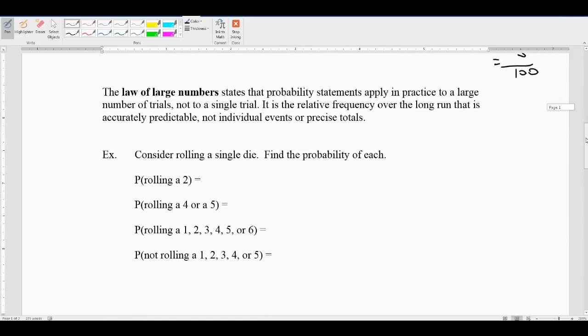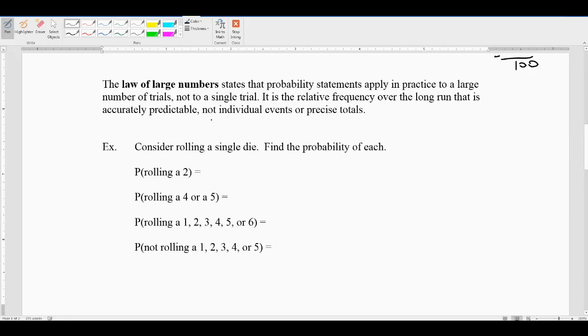Now the law of large numbers states that if you keep doing a series of trials over and over again, eventually you're going to get to what you expect to get. In other words, over the long run, the answer is going to be predictable. Like flipping a coin. This is an example of rolling a die. If you know anything about a single die, you know it has 6 sides: 1, 2, 3, 4, 5, and then the last one, 6.